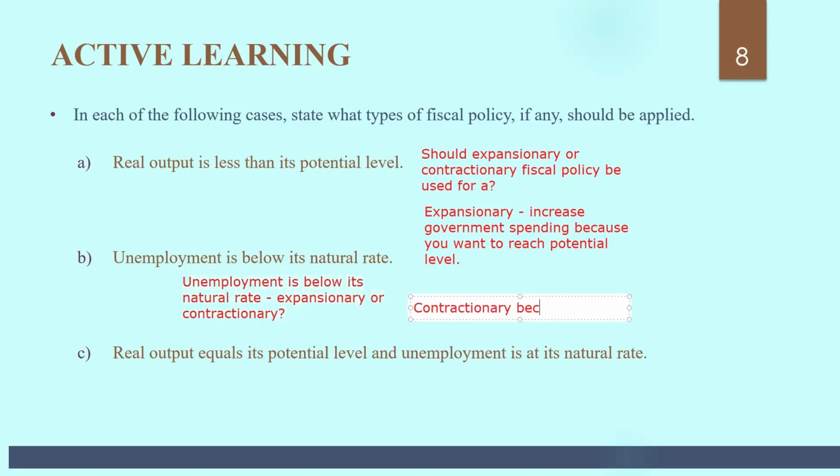Contractionary, because usually this would mean inflation is too high. So if unemployment is lower than normal, like more people have jobs than should, this might mean inflation is too high in this case. So real output equals its potential level and unemployment is at its natural rate.